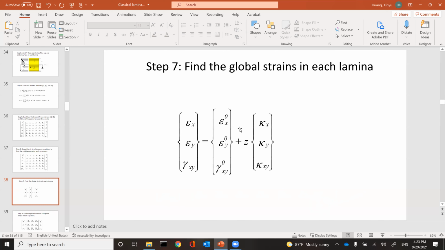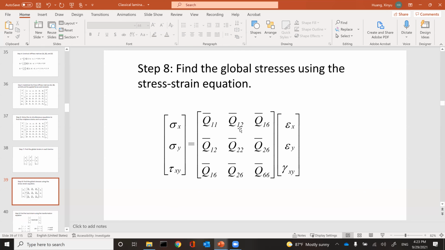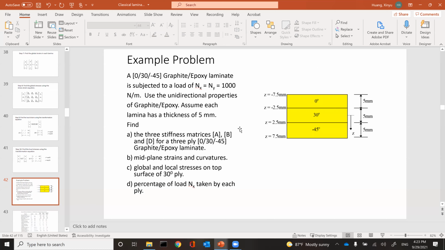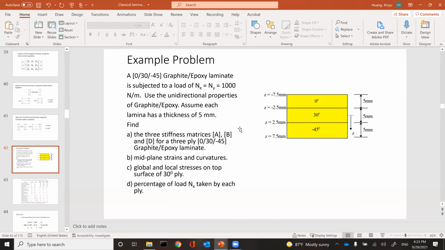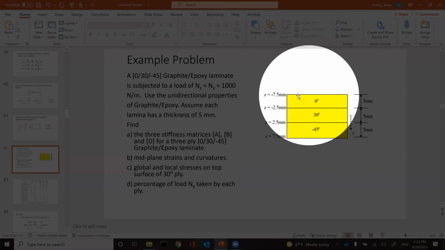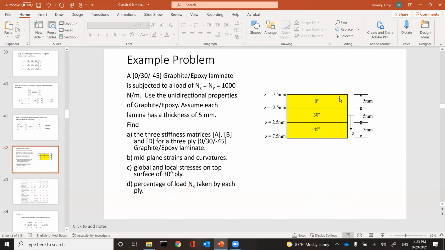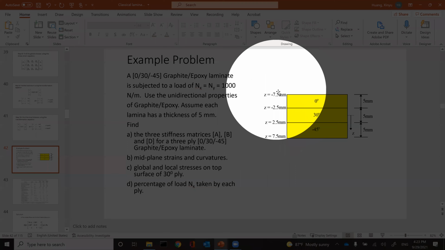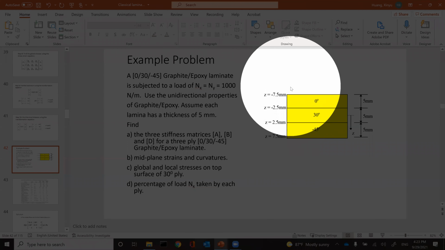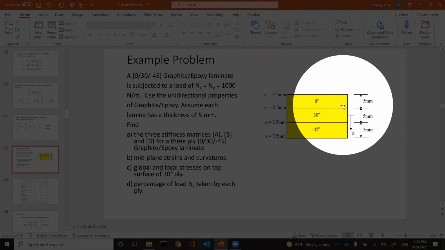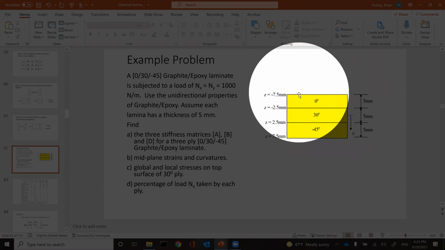Now, in our case, what is the Z for ply 1? This is ply 1. What is the Z for ply 1? It's not a single number. It's a range, right? It's from here to here. It could have a high strain over here on this face or low strain on this face, but it's a range.